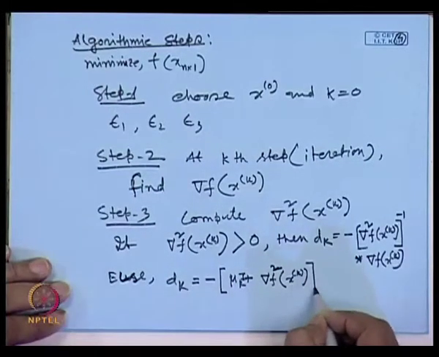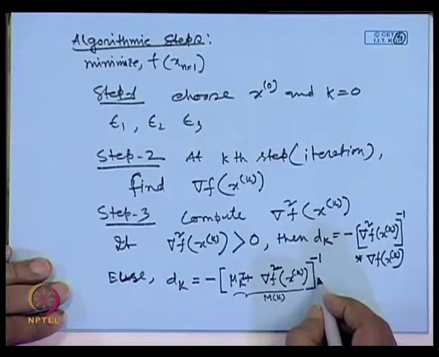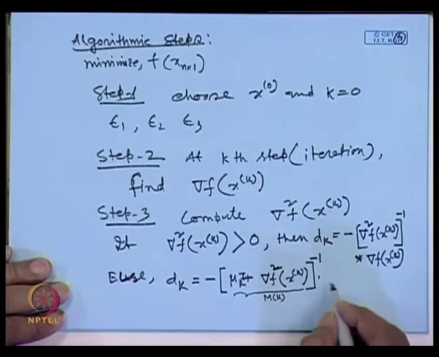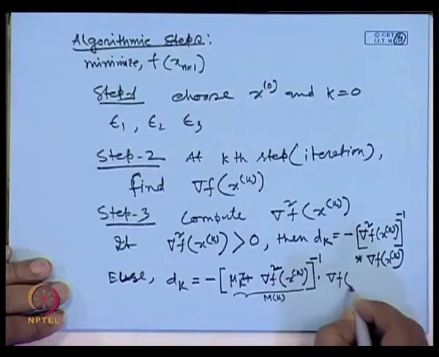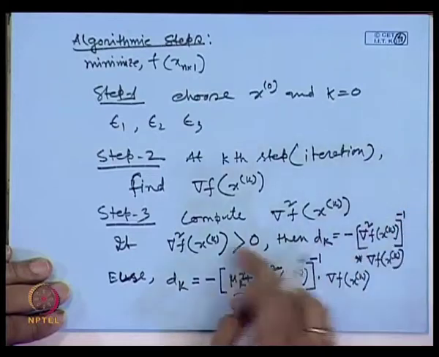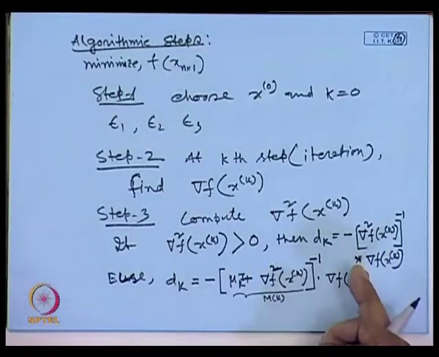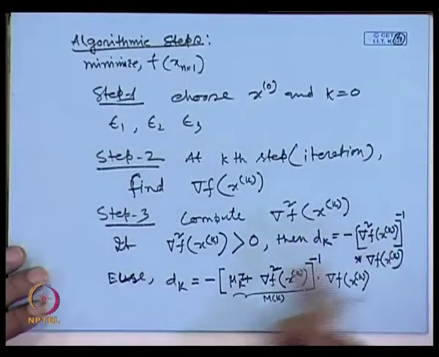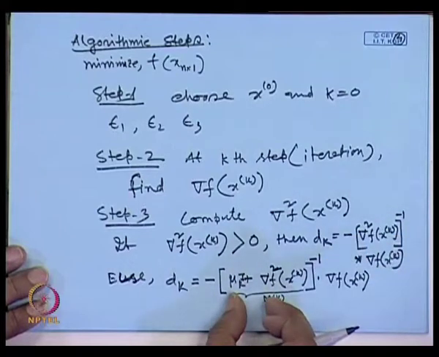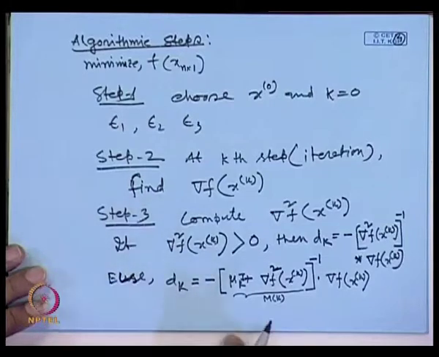Then take the inverse, that is M k, this whole thing inverse, multiplied by the gradient of f at x superscript k. If the Hessian is not positive definite, then trying the plain inverse, the algorithm will not converge. So, we add a positive quantity mu and then update dk this way, agree.